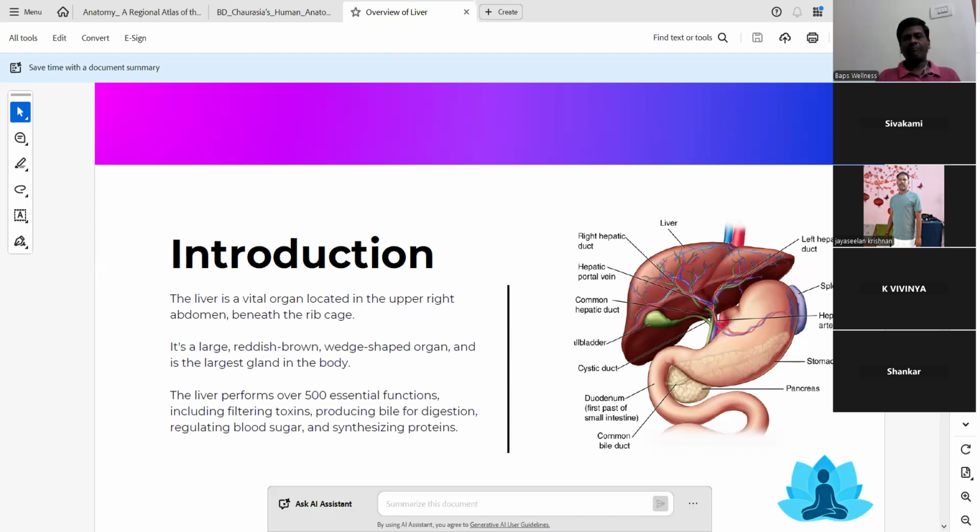And it's a very, very vital organ, having multi-various roles, different functions. We will see individually what are the functions as per the modern medicine.